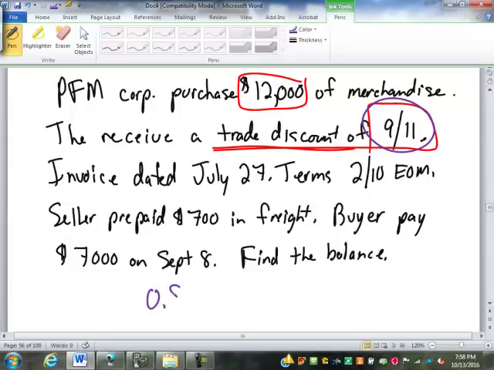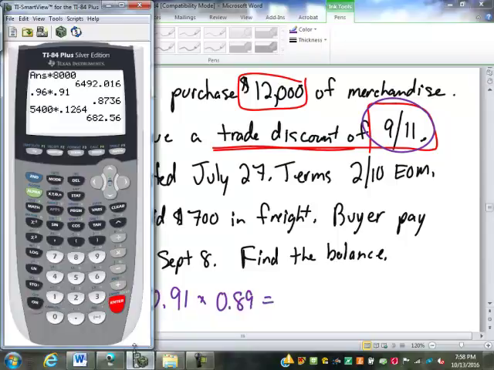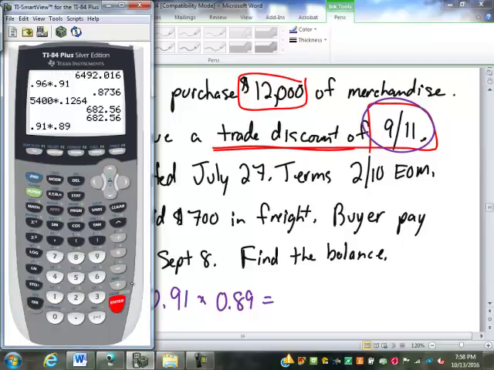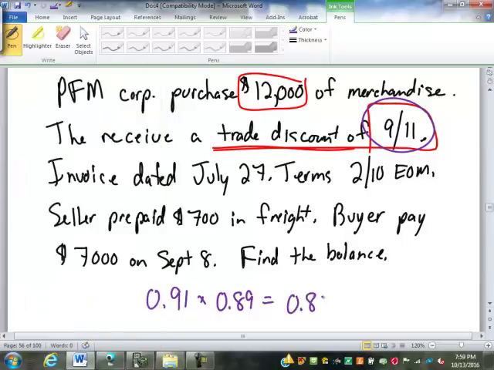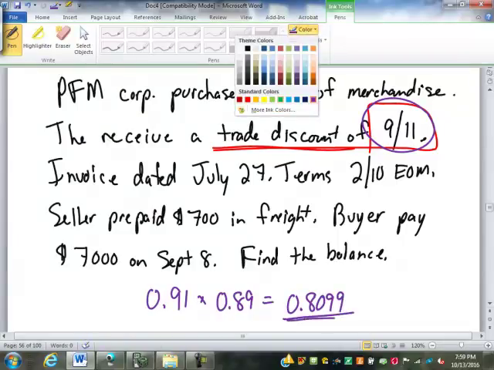We do 0.91 times what? 0.89. Good. Giving us 0.8099. What do we do with that?